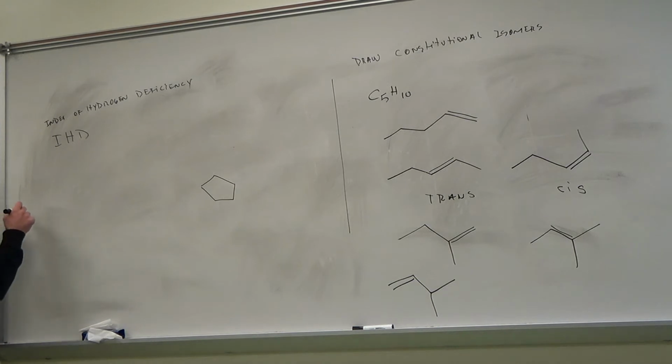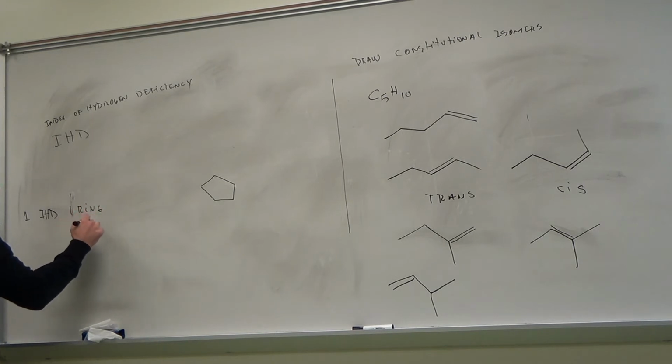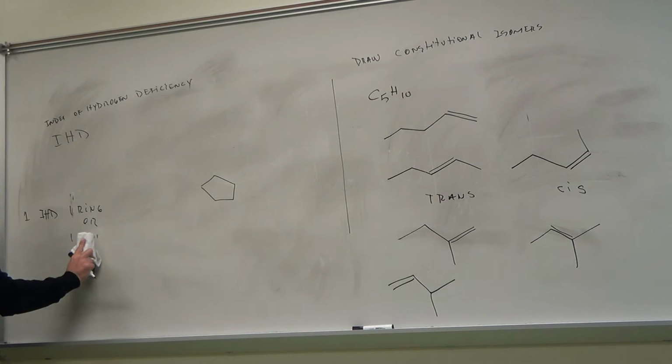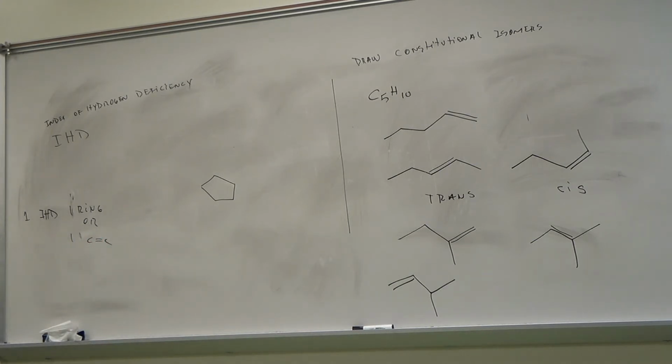I'm going to tell you, one IHD means one ring or one double bond.